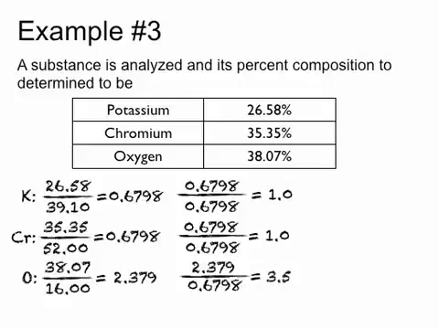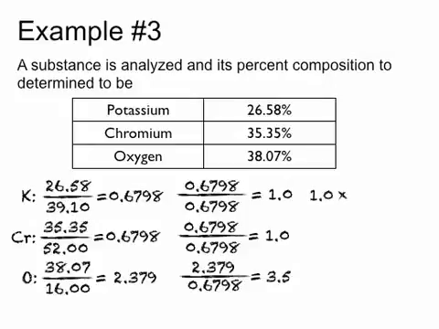Since we haven't gotten an integer value for the number of moles of oxygen, or the smallest ratio of moles of oxygen to chromium and potassium, we need to choose a factor which we can multiply by all three of these numbers in order to get a whole number. Well, obviously 2 would be a good choice.